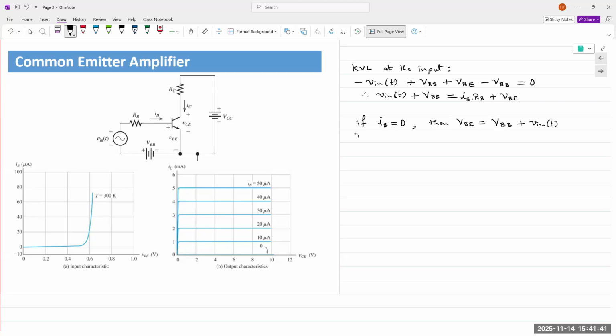And if VBE is equal to 0, then IB is equal to VBB plus vin(t) divided by RB.